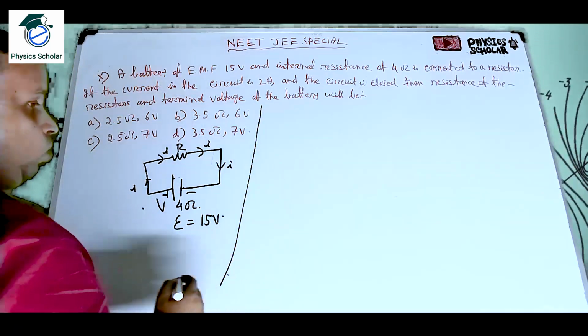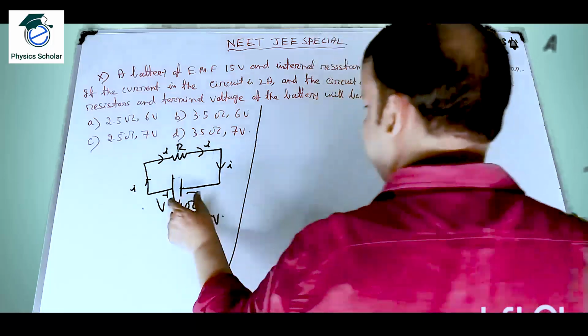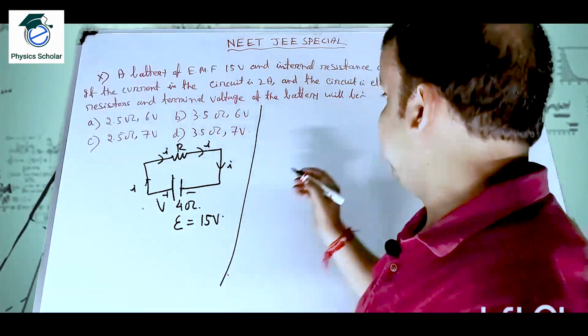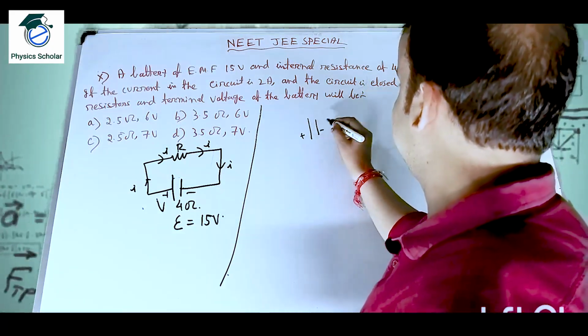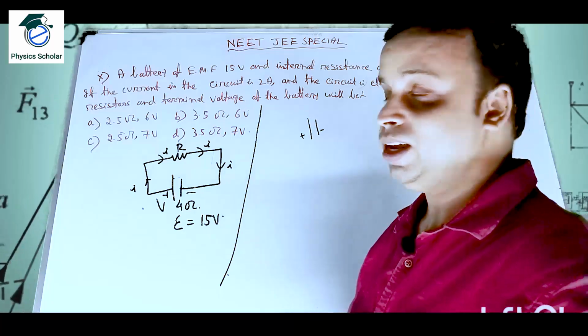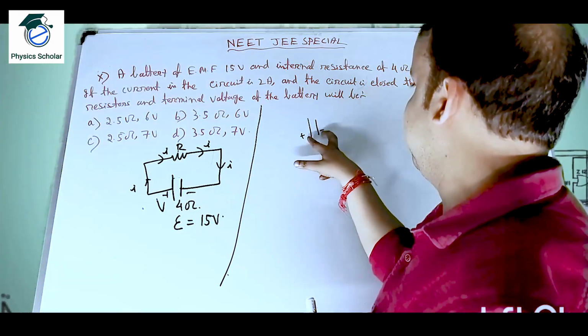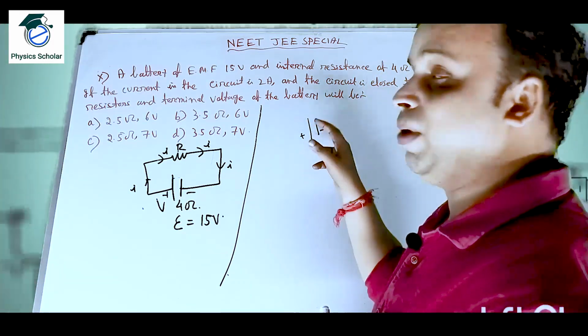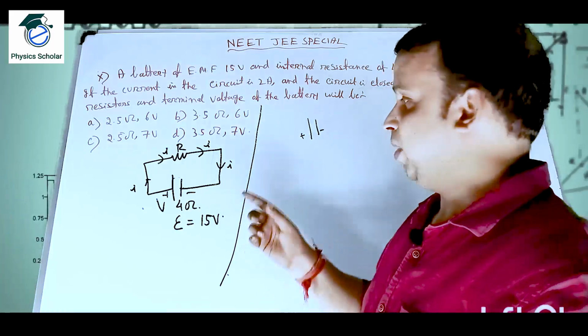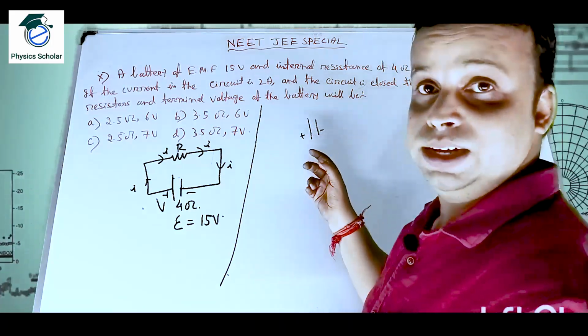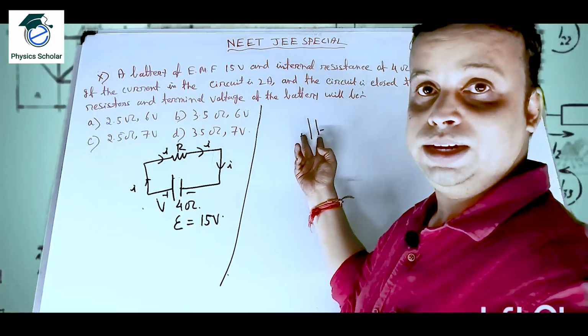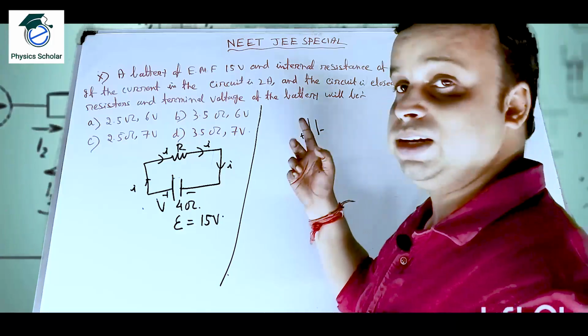Clear? So what is the difference between the EMF and the terminal voltage? EMF means when the two terminals of the battery are not connected to the outer circuit, then the potential difference between the two plates of the battery is known as EMF of the battery. But when it is connected with the circuit, then the potential difference across the two terminals is known as the voltage.